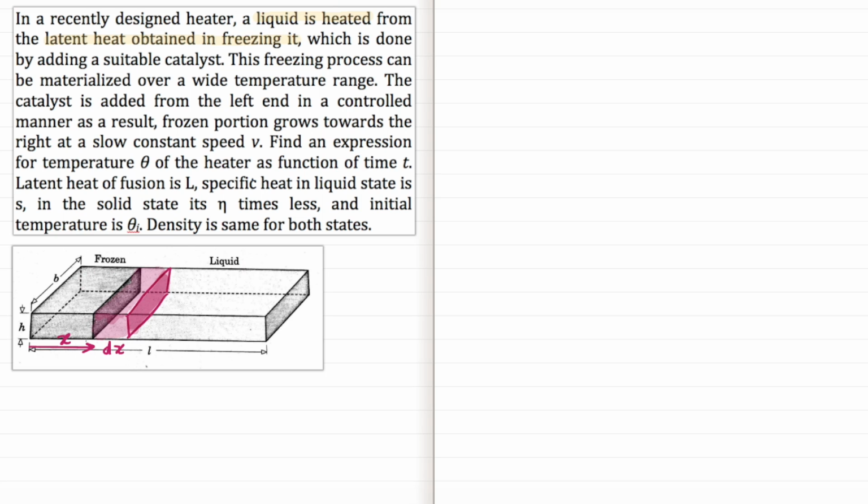So let's write the equation. Small mass into L is the heat released in freezing. This will increase the temperature of the liquid as well as the frozen part. It will be mass of liquid into specific heat of liquid into dT, plus mass of solid into specific heat of solid into dT.